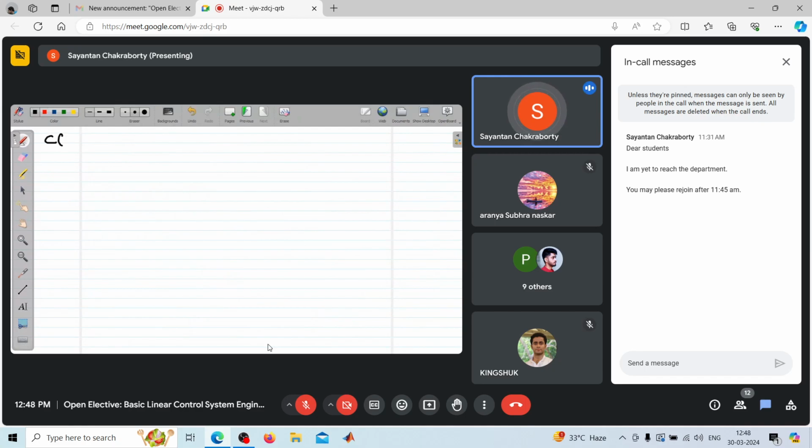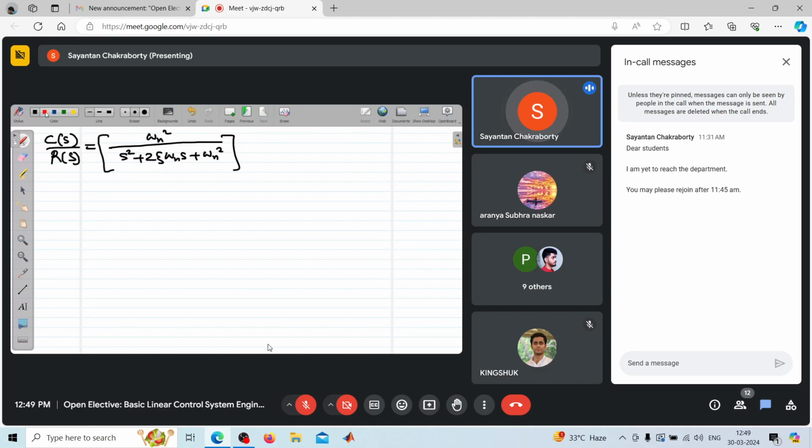So far, we have considered our transfer function to be a standard second order transfer function. So there's no zero associated with it.